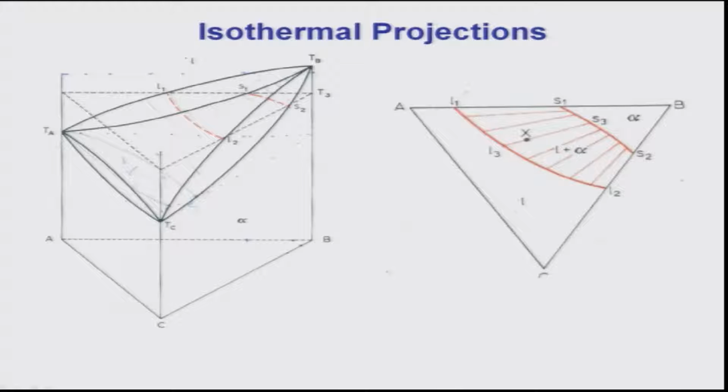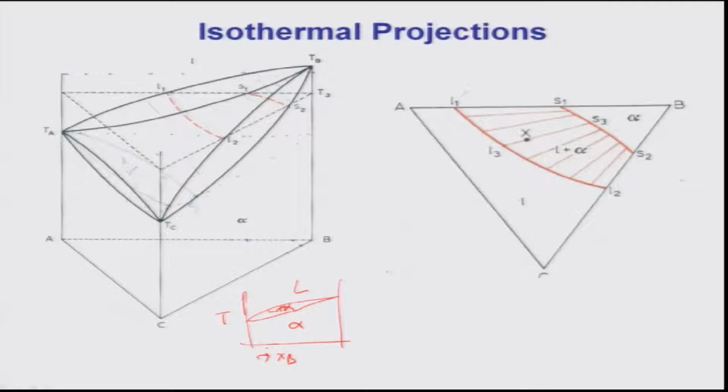Above the liquidus surface you have liquid, below the solidus surface you have solid alpha, and in between you have liquid plus alpha, just like a binary section. I have been drawing this again and again to make sure that you understand it very clearly. So, this is the binary space diagram and correspondingly the ternary is like that.